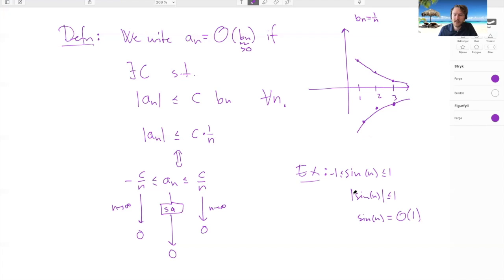But this means that sine n divided by n is, well, notice if I divide by n everywhere, these are also divided by n. So when you're used to working with big O, you know that you can just throw this n on the inside. And then you know this tends to 0 as n goes to infinity. This would be another way of expressing the squeeze theorem. And this is something we'll look at more, as I said, at the end of this course. So here you're just getting a sneak peek at this.